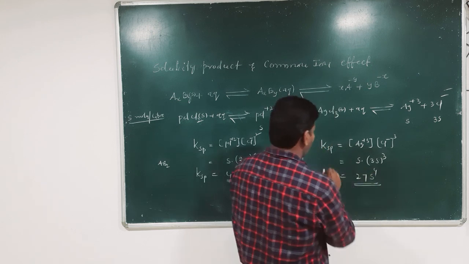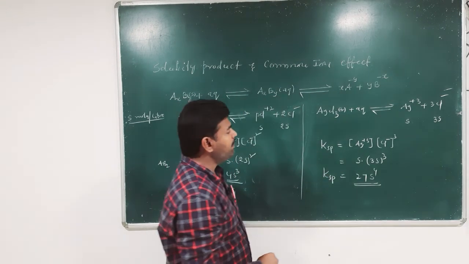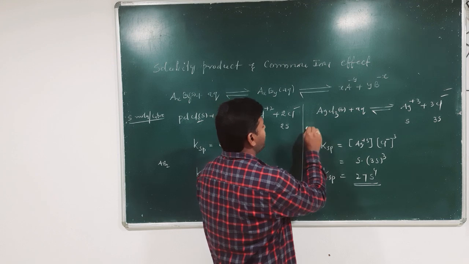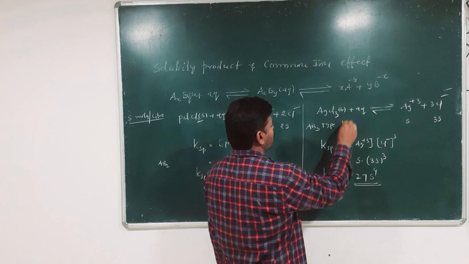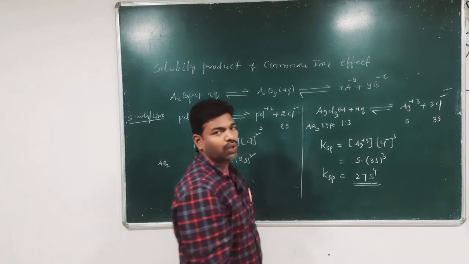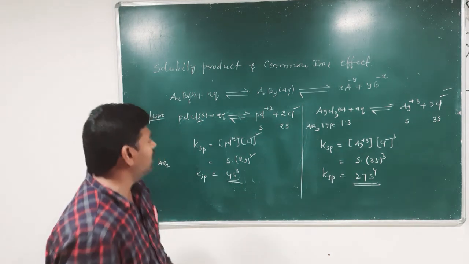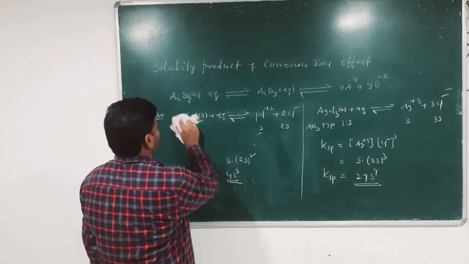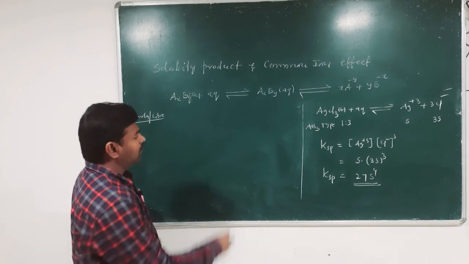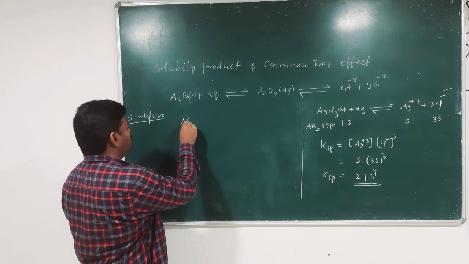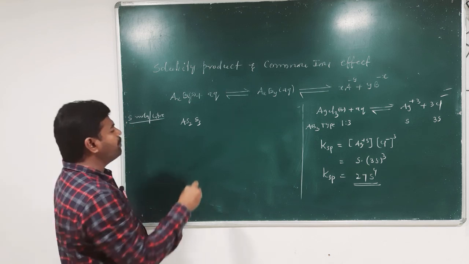So the solubility product for the AB3 type, or 1:3 type electrolyte or salt, is 27S^4. Another type of salt is As2S3, an A2B3 type.